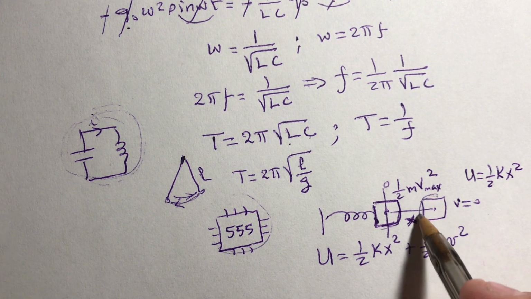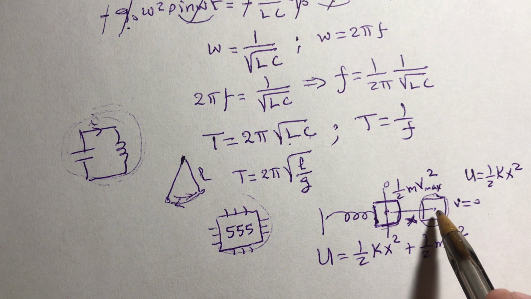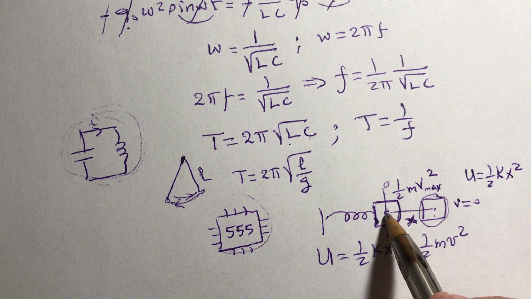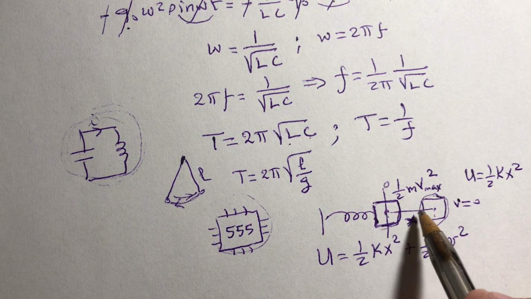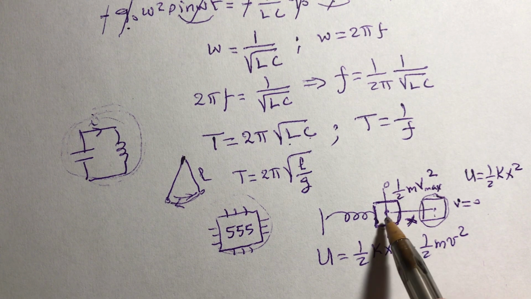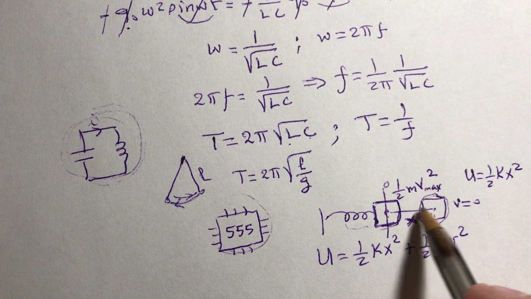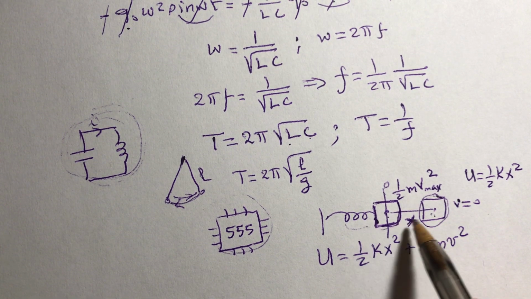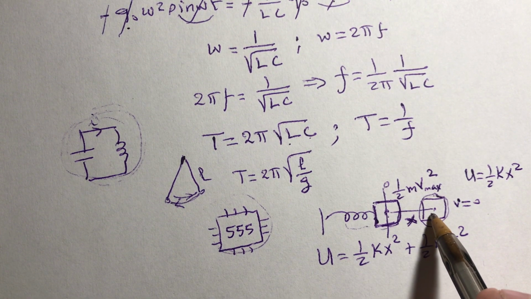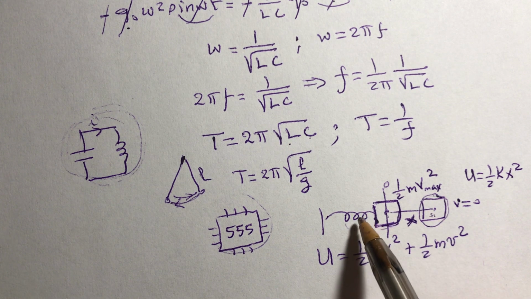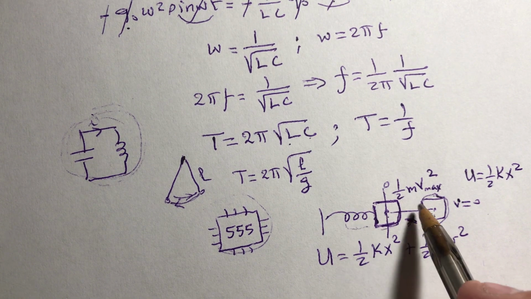So when the mass is here, you have the potential energy. When the mass is here, you have the kinetic energy. So you have the potential energy of the spring and the kinetic energy of the mass. So they share the energy. The mass gives its kinetic energy to the spring, which gets stretched or squeezed and changes it to potential energy, and gives its potential energy back to the mass.